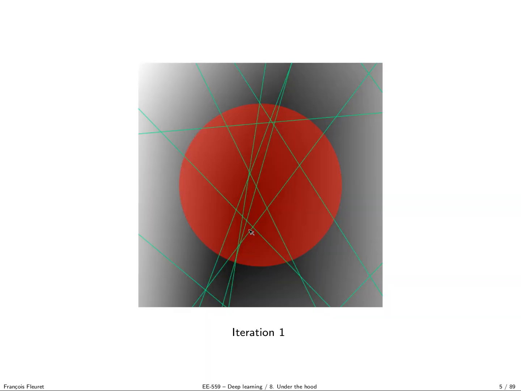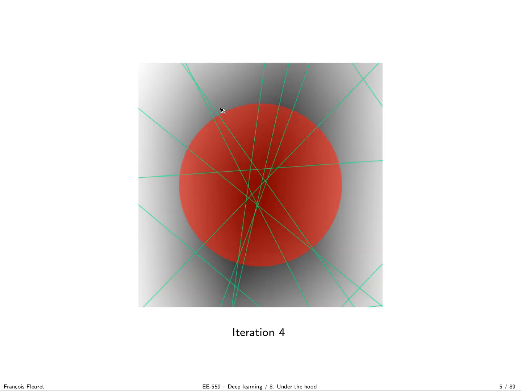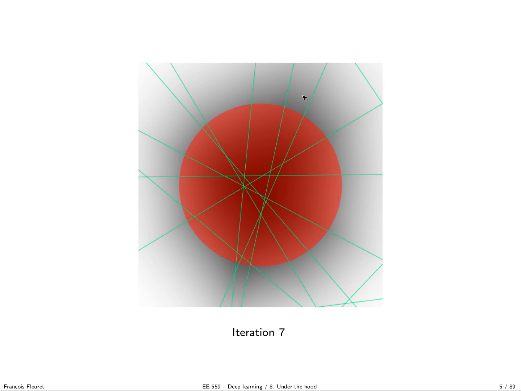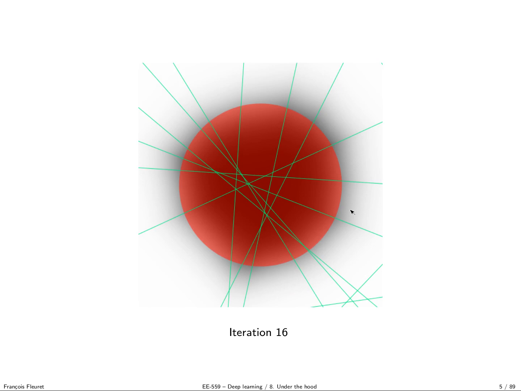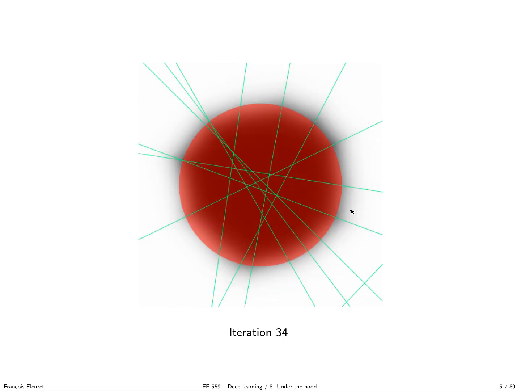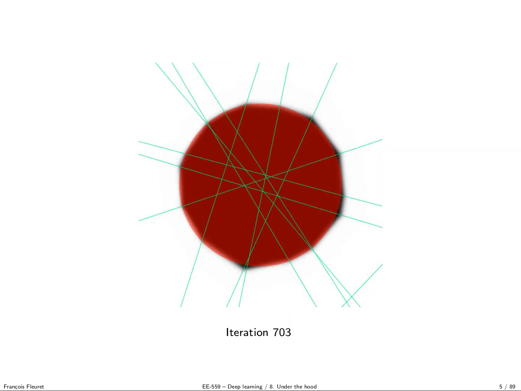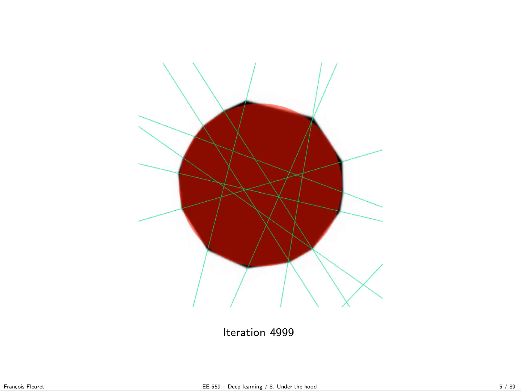We will start with a standard synthetic example where the positive class is inside the disk, and the negative class is outside the disk. The red area here is the ground truth, and each one of those green lines corresponds to the separation boundary of one hidden unit. When the training goes on, after 4 iterations like this, and the shade of gray is of course the before-threshold response of the network, we see that the units during training are moving around and arranging themselves in a radial manner.